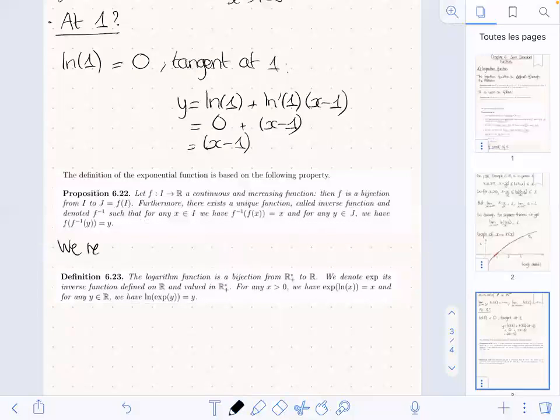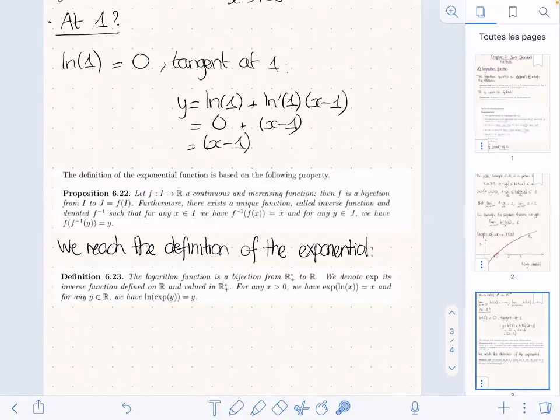We reach the definition of the exponential. So it tells us the following. The logarithm, as I mentioned, is a bijection from R plus star to R. We denote its inverse function as exponential, and it satisfies the following properties.